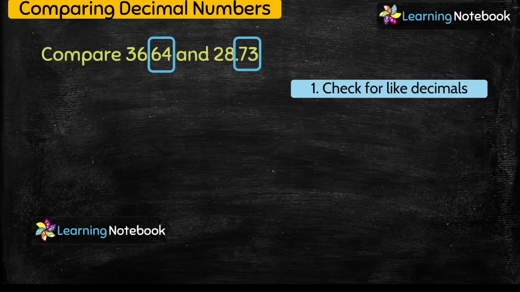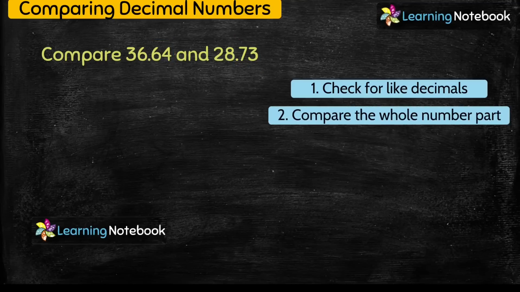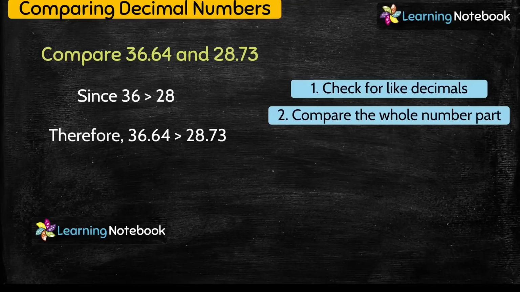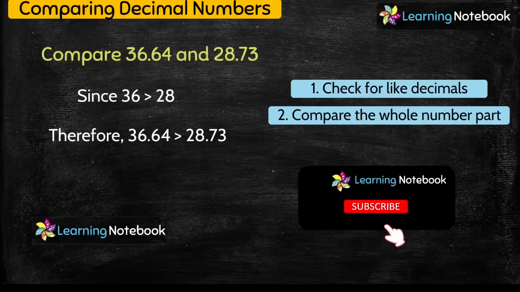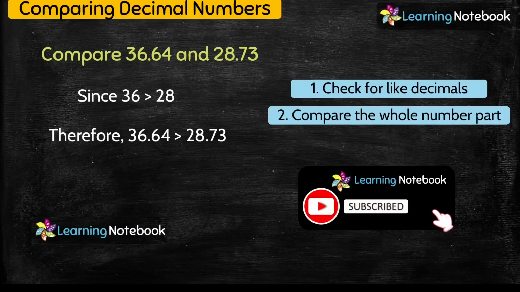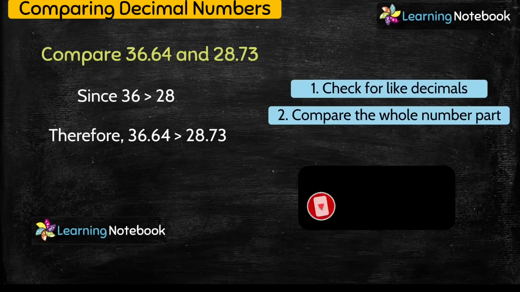So they are like decimals. Now step 2 is, compare their whole number part. So since 36 is greater than 28, it means 36.64 is greater than 28.73.